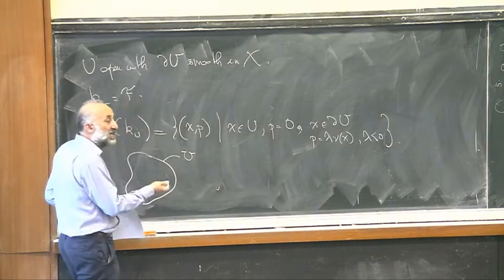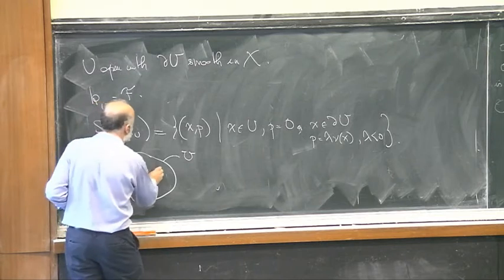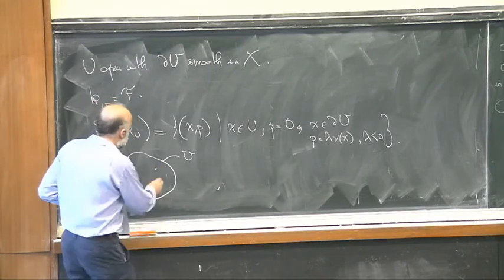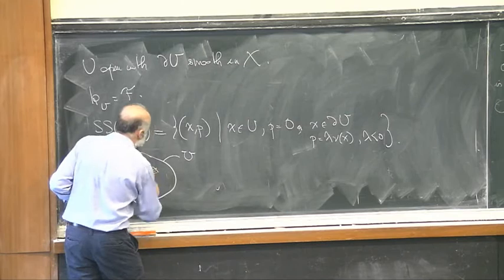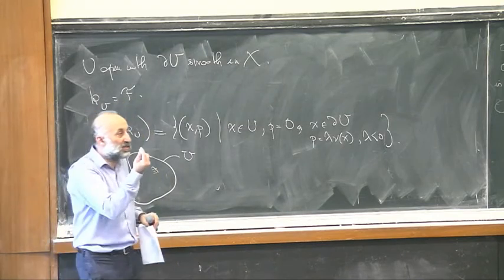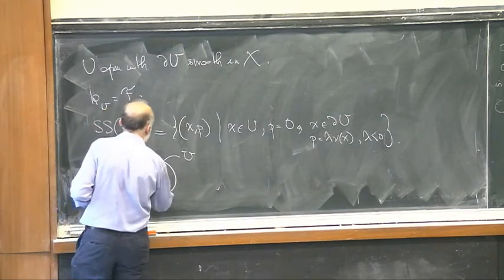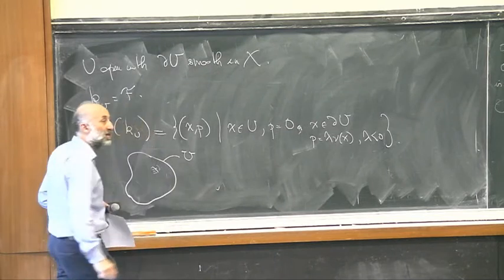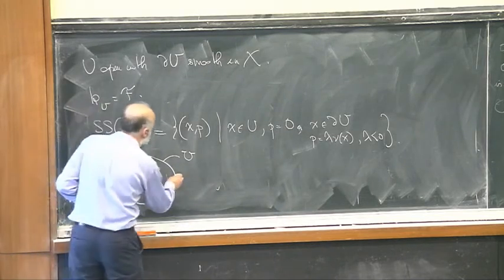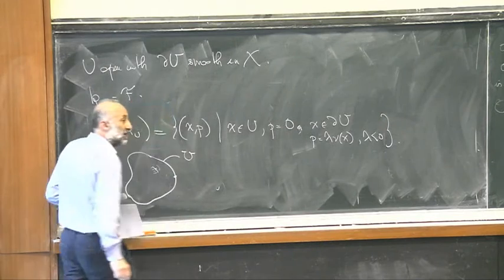Well, you see that if I'm inside the open set, nothing happens. If I have a section which is defined here, this means it's just a constant section on U, then it's certainly going to extend to a neighborhood. The only points where something can actually happen are the points here.